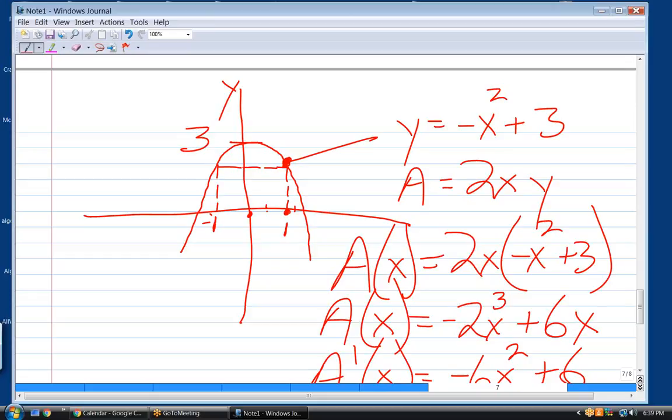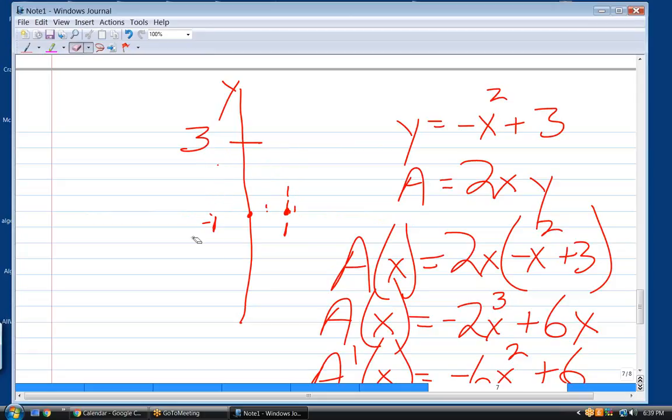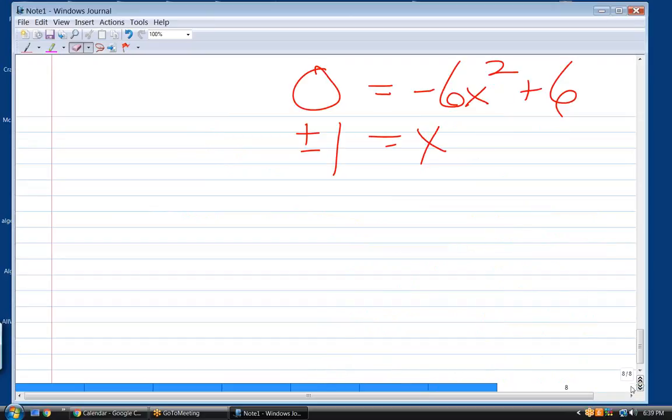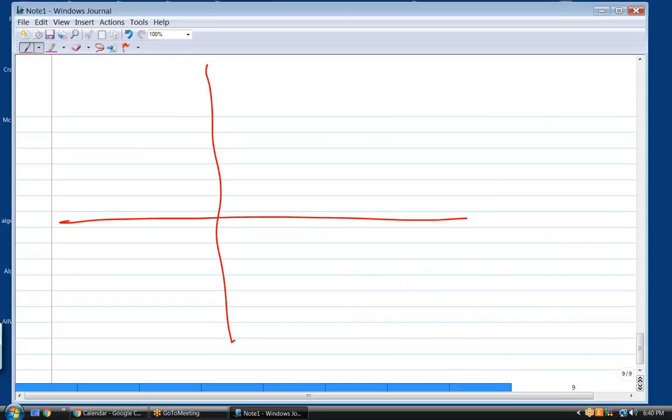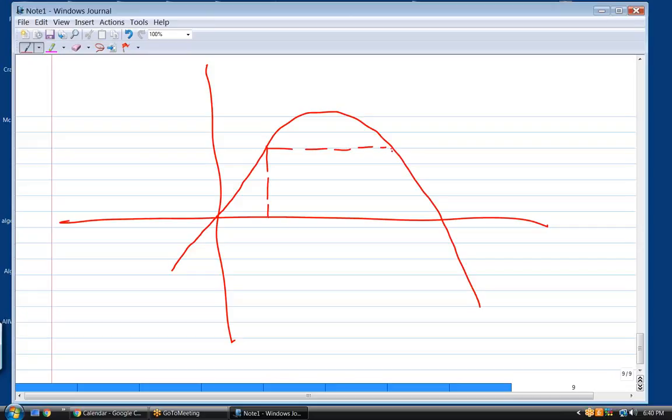Okay? Now, let's make it a little bit tougher. Let me just start. This time, I'm going to draw my parabola like this, and I want to figure out the largest rectangle that I can fit inside of this parabola.